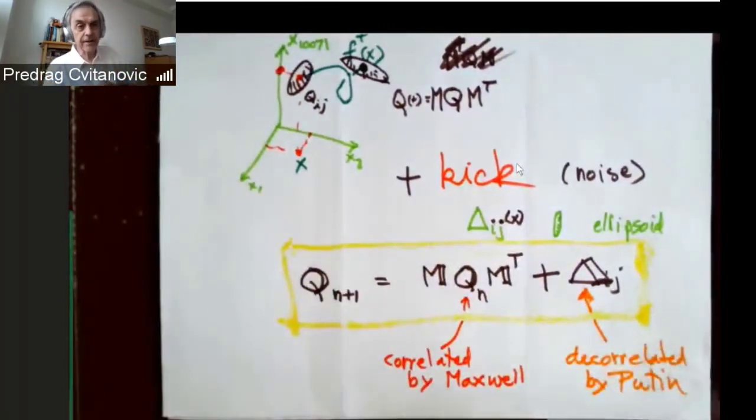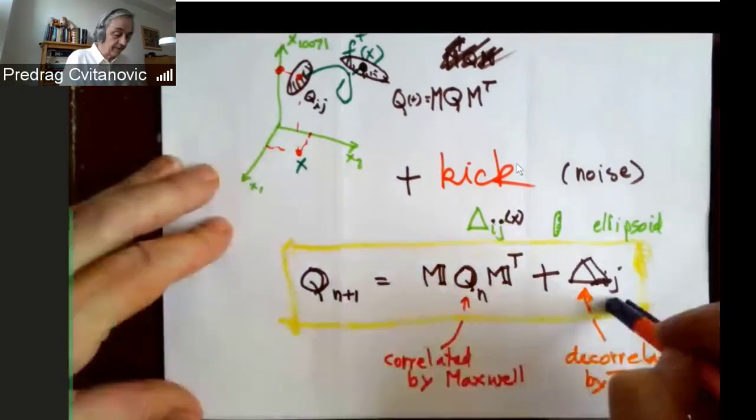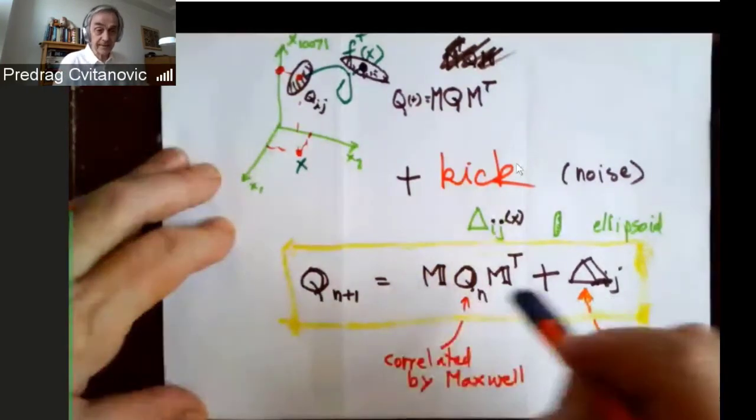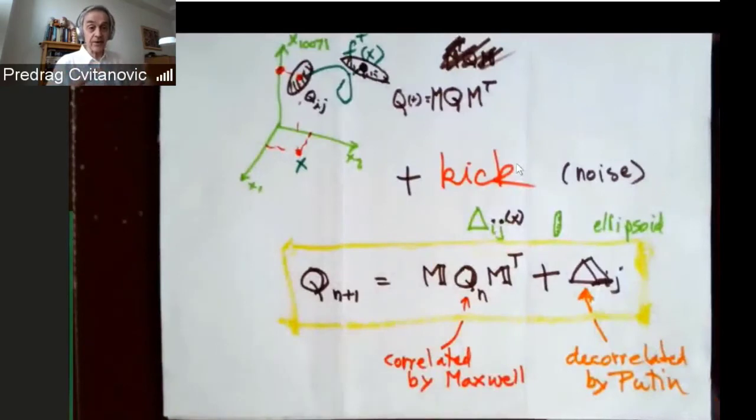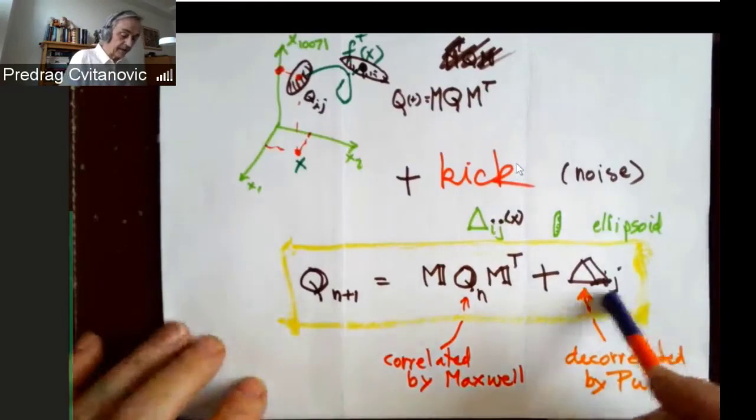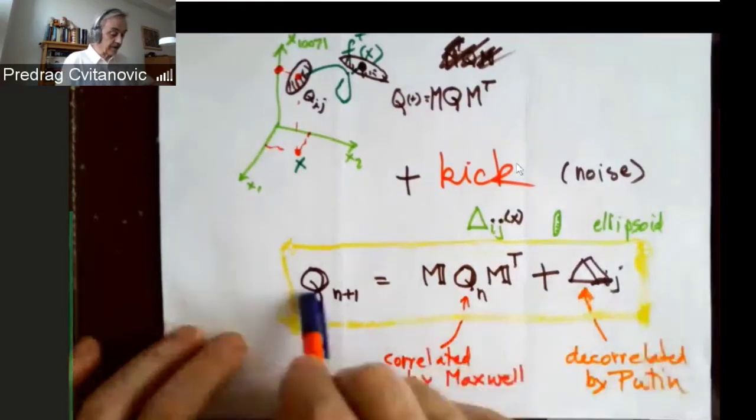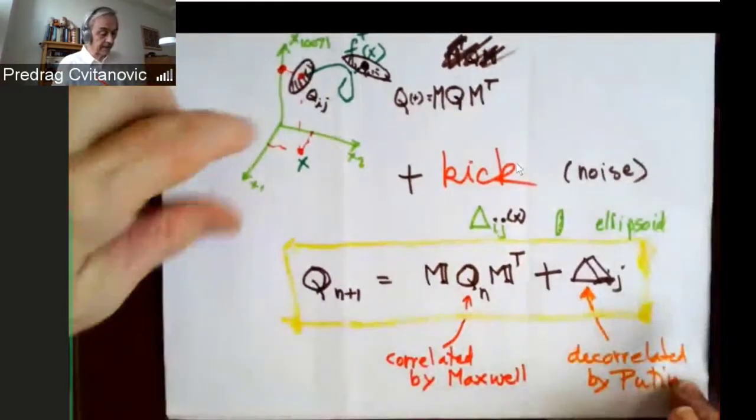So it's the systematic error, if you wish. And then there is real noise, but they simply add up. So quadratic errors, correctly written as covariances, add up to give me the succession of ellipsoids that I see.